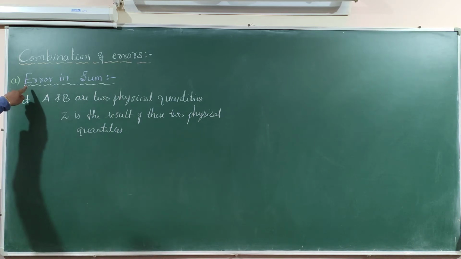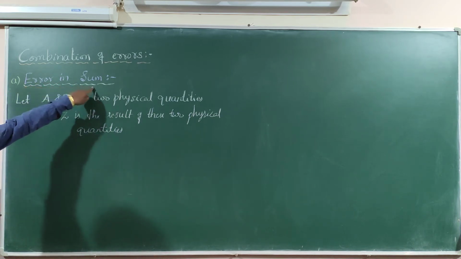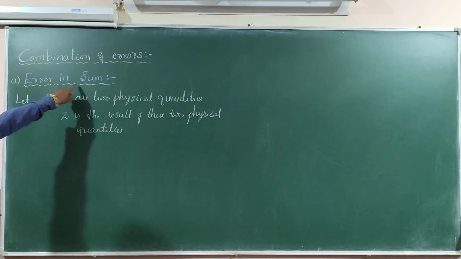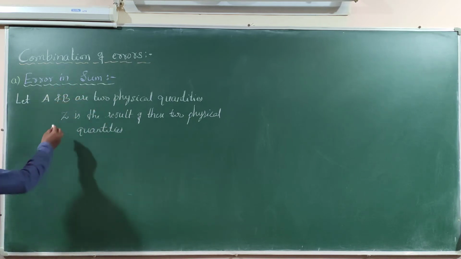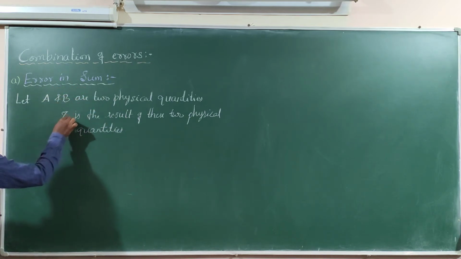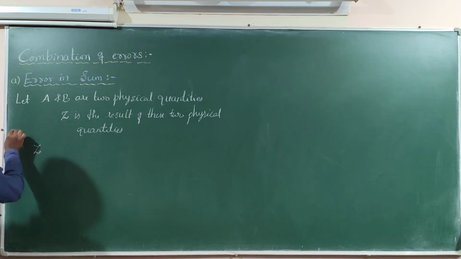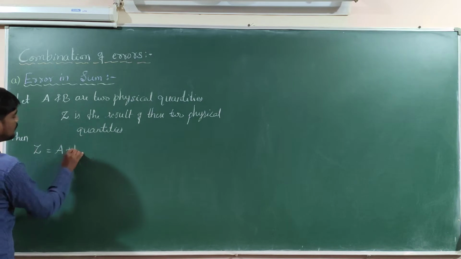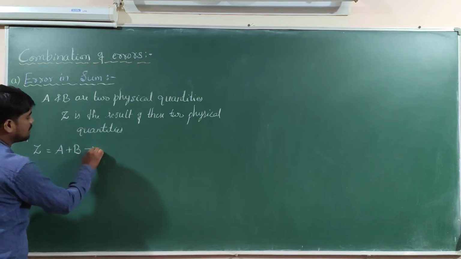The heading says error in sum. If I want to calculate the error in sum, then Z, that is the final result, is equal to A plus B. Say equation number 1.